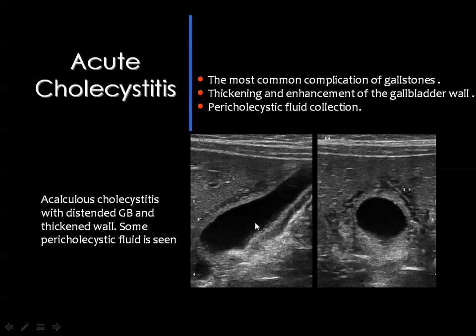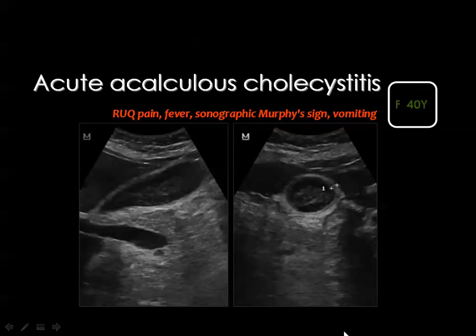Then this is a case of acalcular cholecystitis without stones, thickness of the gallbladder wall, and pericholecystic edema. Then this is the appearance of mud inside the gallbladder, where you can see the very thick fluid, which is mobile also but slow, and it is of echogenicity different than the normal fluid seen inside the gallbladder.